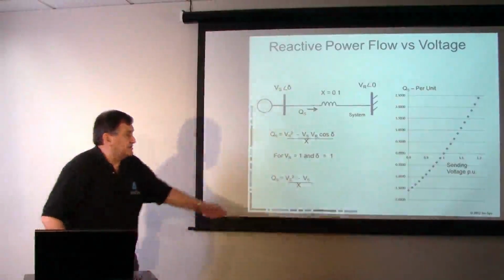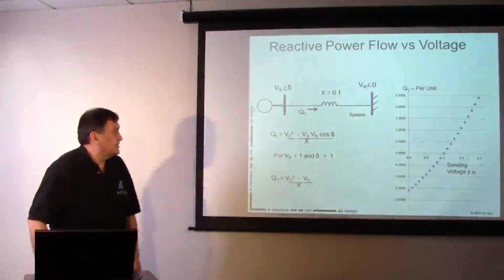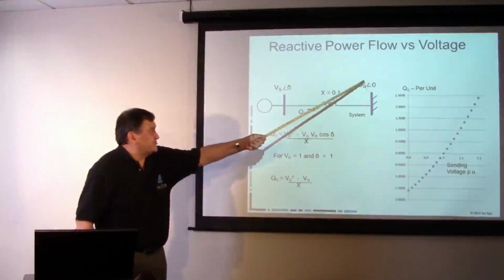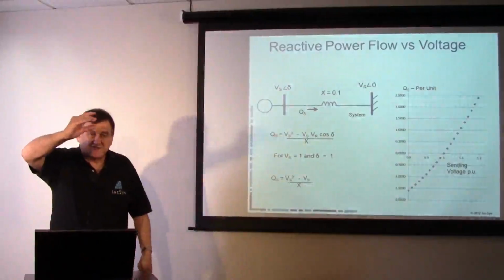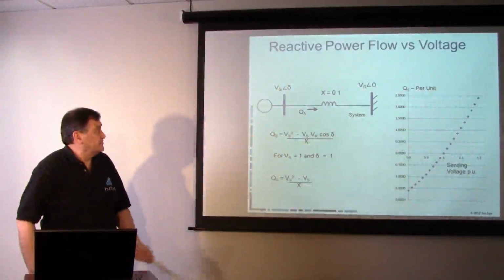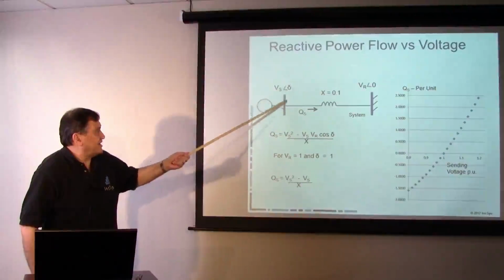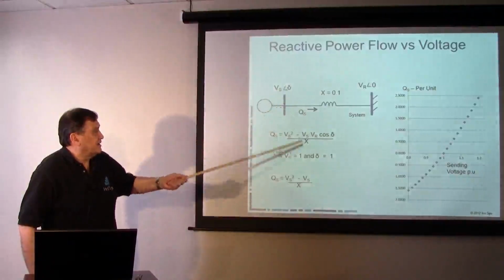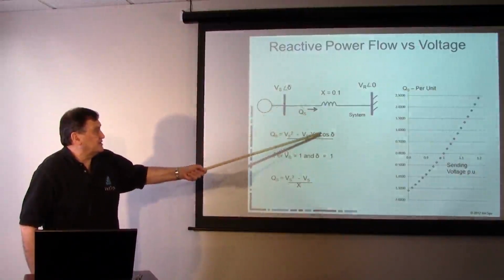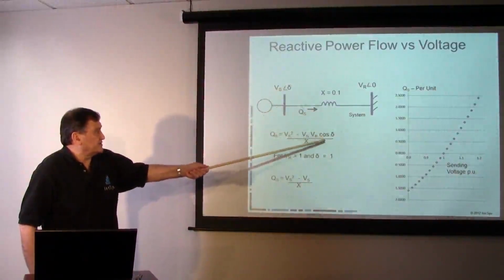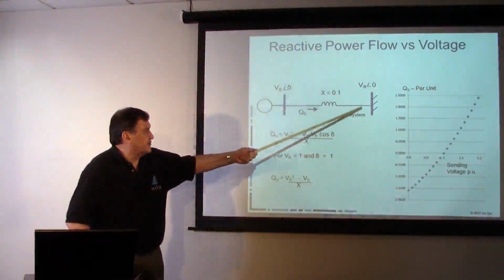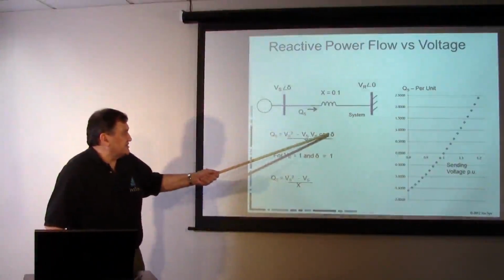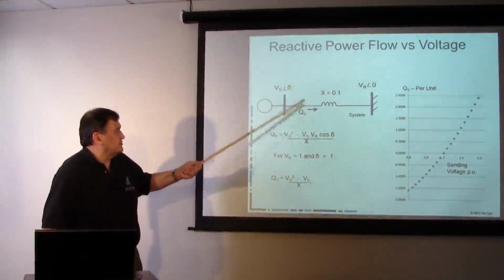In this particular case, what we did was we said, let's say the voltage of this is fixed at 1 per unit, because you really are controlling your voltages within a plus or minus 5% band. But we will vary the voltage magnitude at the sending end, and we'll assume that the delta, this is a case where there's no megawatts flowing, so we set the angle here equal to 0.